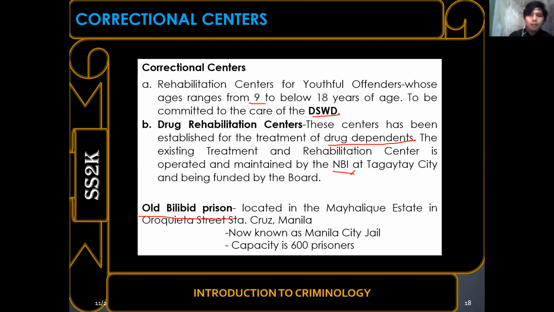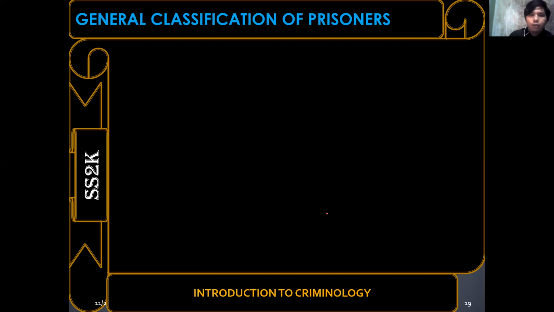Pero dati po nasa Santa Cruz, Manila po yan. So, meron yung Old Bilibid na kung tawagin, no? Located in Mayhalic Estate in Roqueta Street in Santa Cruz, Manila. Ngayon, ang tawag na is Manila City Jail. Okay? The capacity is 600 prisoners.